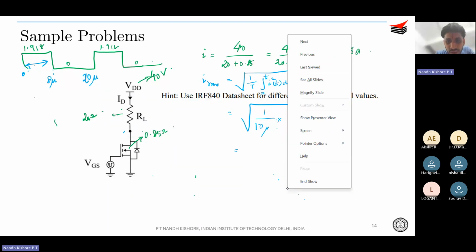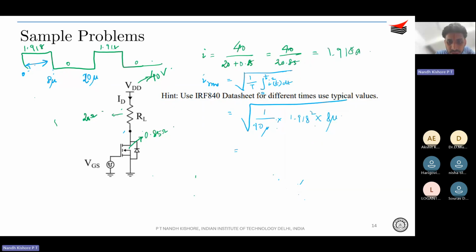Thanks for clarifying. So it will be 20 micro. So 1.918 squared into 8 by 20, root of that answer is 1.213. 1.213 amperes. So this is your IRMS.